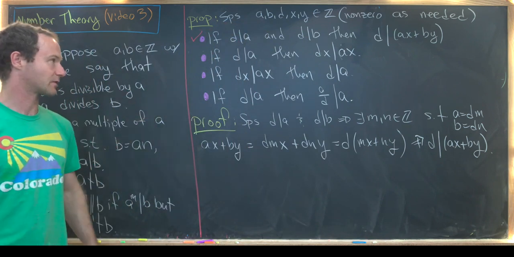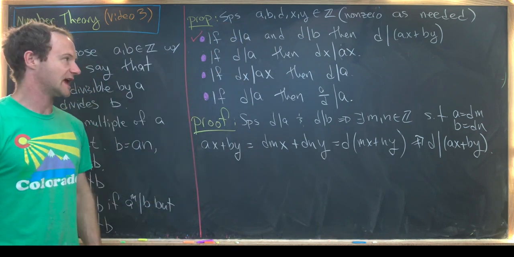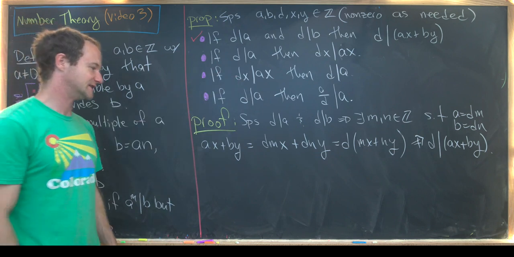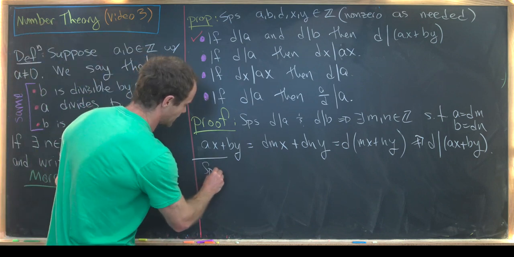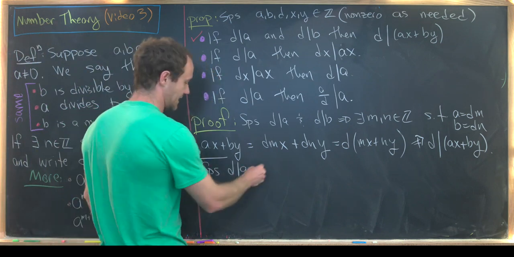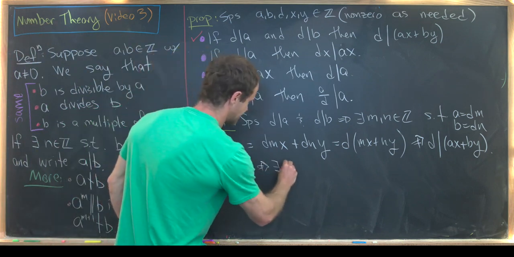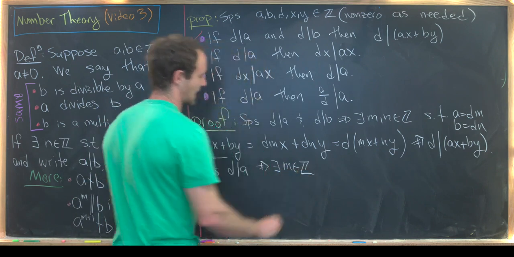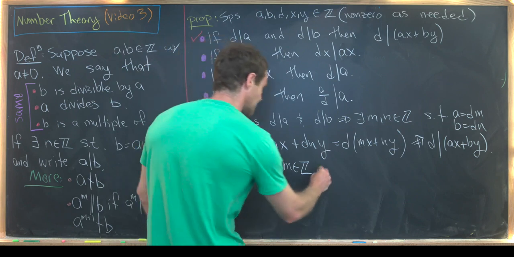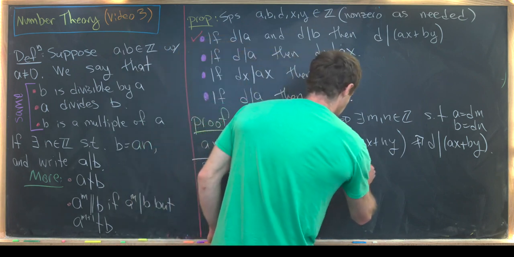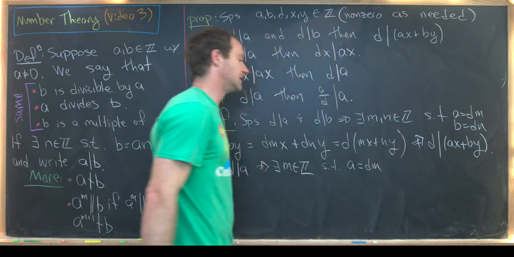Okay, so that means we have taken care of this first purple dot. Now let's look at the second purple dot. If d divides a, then dx divides ax. So moving on to that, let's suppose d divides a. So that means there exists some integer m. I'll reuse the one from above. We've reset our integers here, such that a equals d times m.